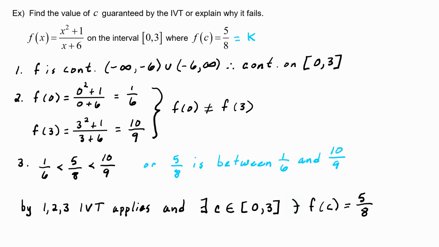Okay, so now we know that the intermediate value theorem applies, and in this problem, we have to actually find the value of C where this happens. So let's do that next.